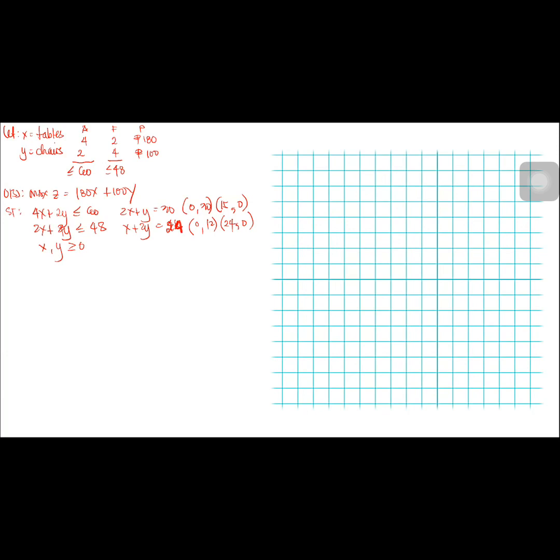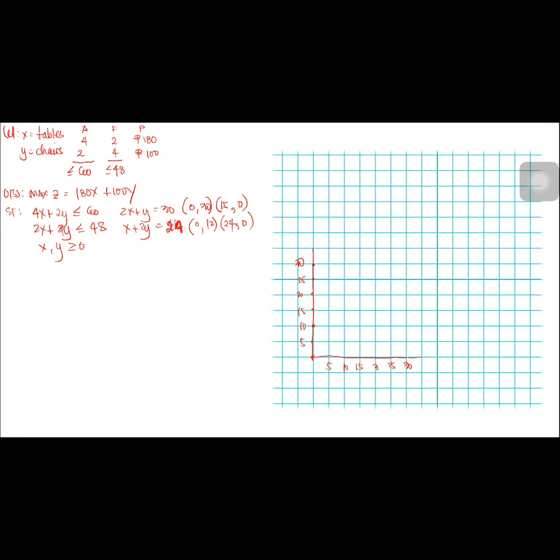Okay, so let us graph the constraints. Let's say this is 5, 10, 15, 20, 25, 30, 35. Okay, let's say that's our graph. Then we have 5, 10, 15, 20, 25, 30.